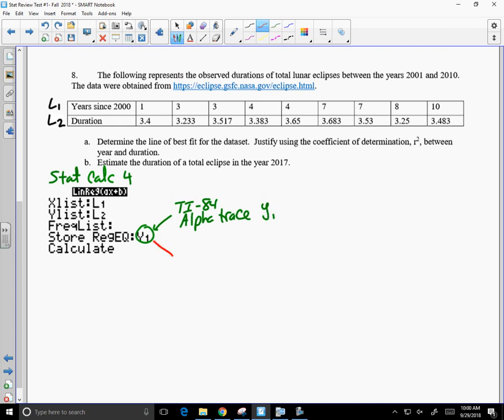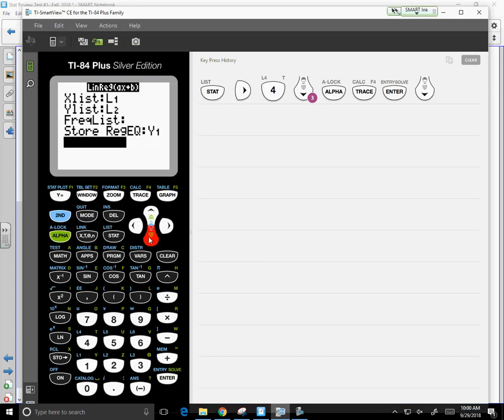On the TI-83, it's vars, Y-vars, function, Y1. All right, so once you do all that, you hit enter on calculate.